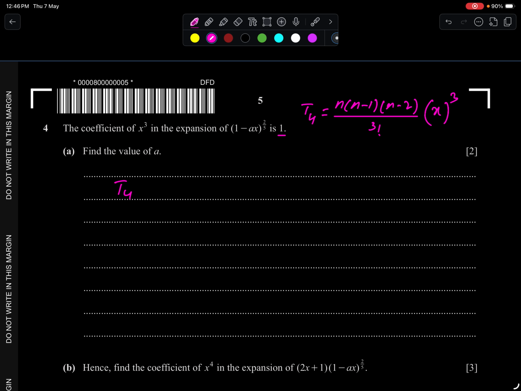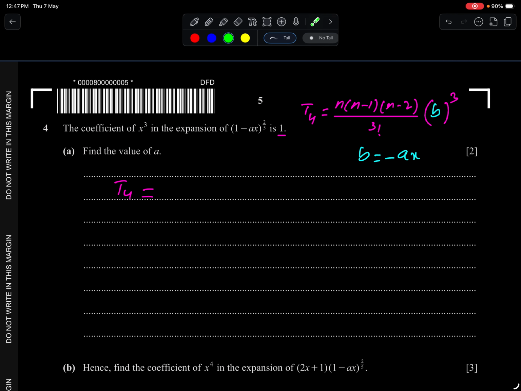So T4, I'm substituting values, okay? Let me write b here so that you can easily understand this, otherwise you will be confused with x. This is the second term. In this expansion, the second term is minus ax.